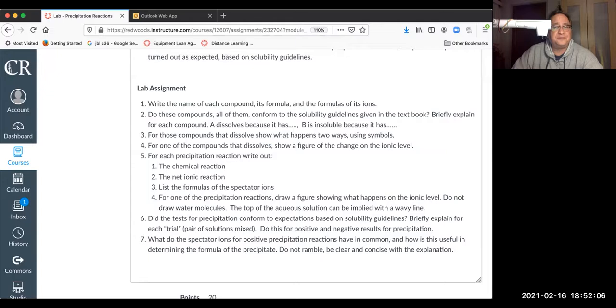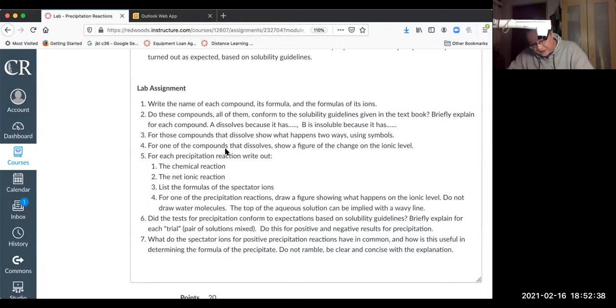Number 2. Do these compounds, all of them, conform to the solubility guidelines given in the textbook? And here, if we test this and it does not dissolve, we'd say, yeah, it does conform. And we're supposed to give a brief explanation. And for this one, we would say, so this is number 2, calcium carbonate does not dissolve.